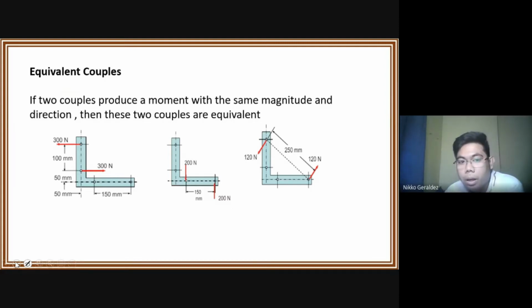Then we have what are called equivalent couples. If two couples produce a moment with the same magnitude and direction, then these couples are equivalent. Let's check whether these three are equivalent couples. The first one is a 300 Newton couple. What is the direction of rotation produced by the 300 Newton?